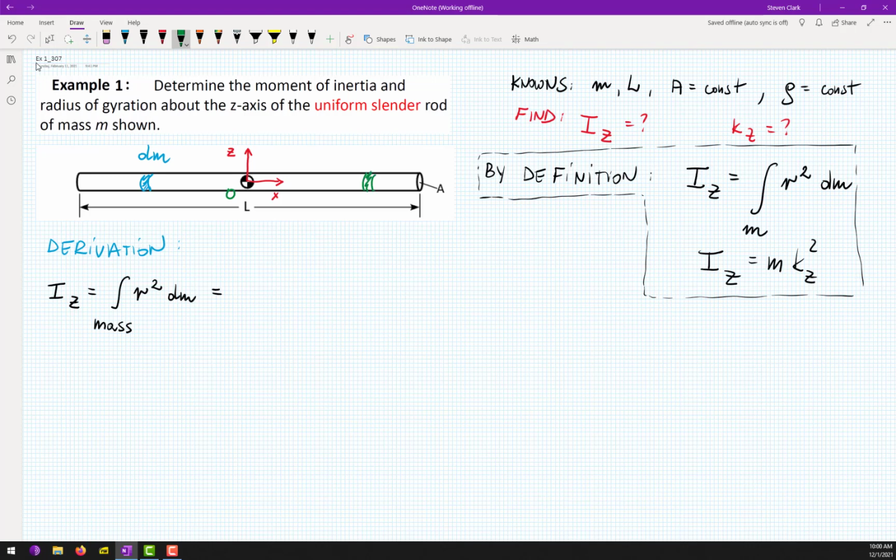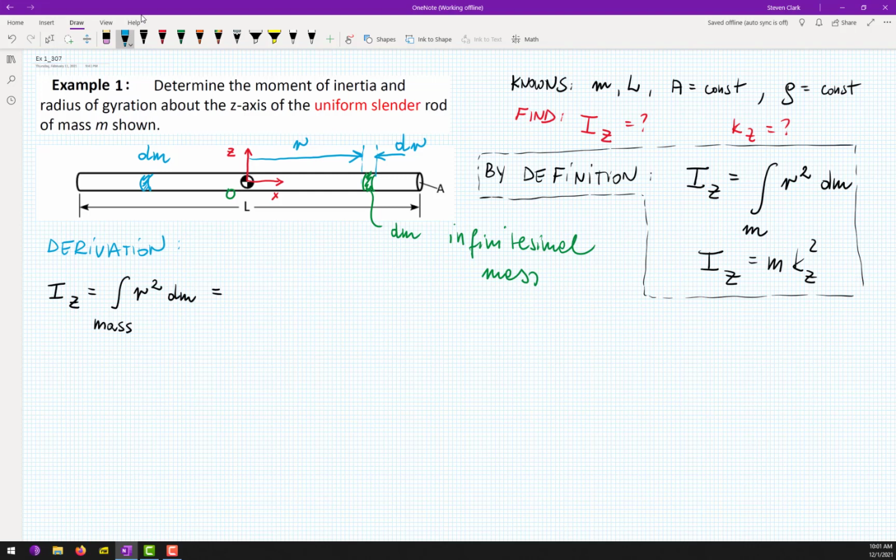This is our dm, the infinitesimal mass. And r is obviously the distance from z to that infinitesimal mass, and dr is of course the length of dm. You should not be surprised by that, I hope.